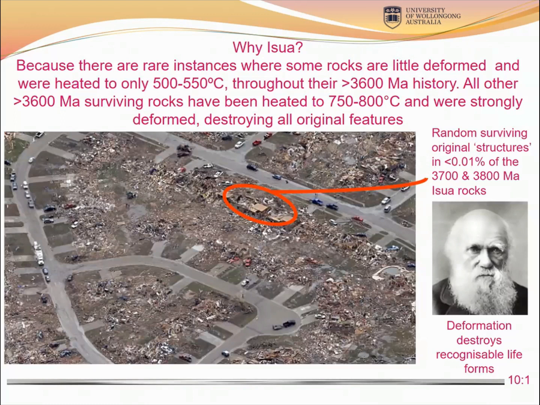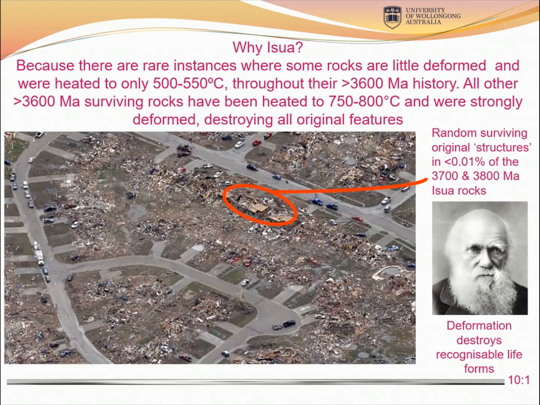So again, Isua, returning to my analogy here, because there are rare instances where the rock is a little deformed, and also there are some slices which were only heated during metamorphism to a maximum of about 550 degrees Celsius throughout the whole of their greater than 3,600 million year old history. In all other areas, surviving Eoarchean rocks have been heated to much higher temperatures and were strongly deformed.